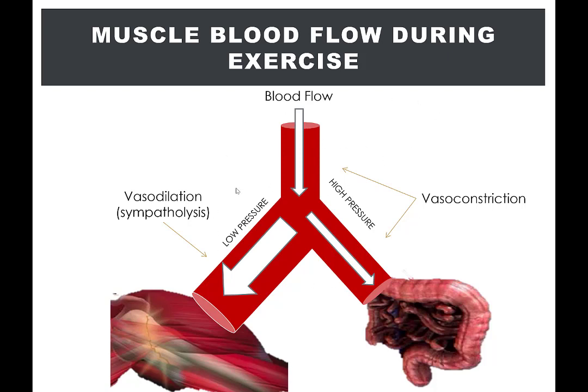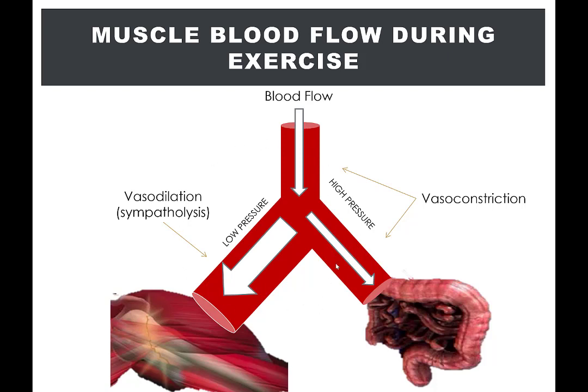So here we have a very simple figure of arteries. You have a main arterial vessel here, and we have arterial vessels leading to less active tissues during exercise, like the gut, and we have arterial vessels leading to active muscles during exercise. Now, as I said earlier, during exercise, there's increased sympathetic activity, which causes vasoconstriction in all arteries.